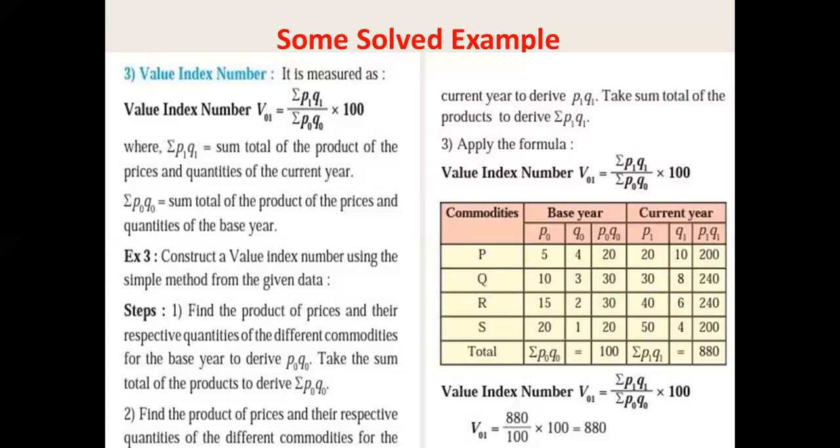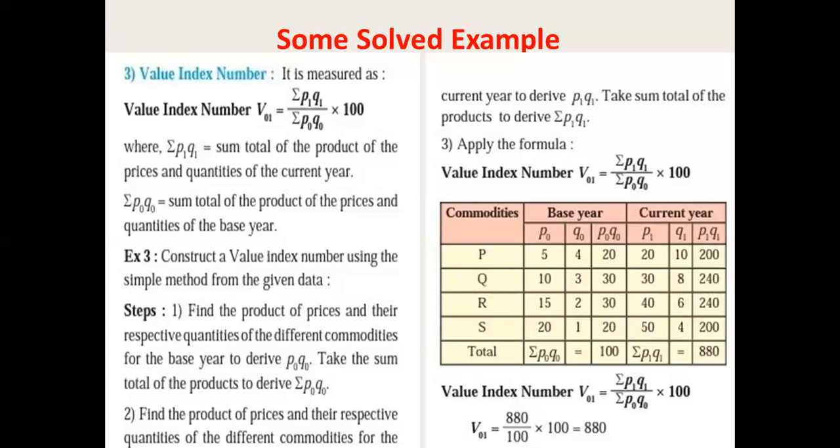So V01 is equal to 880 divided by 100 multiplied by 100, which is equal to 880. So the value index number is 880. That is the final figure of the value index number.